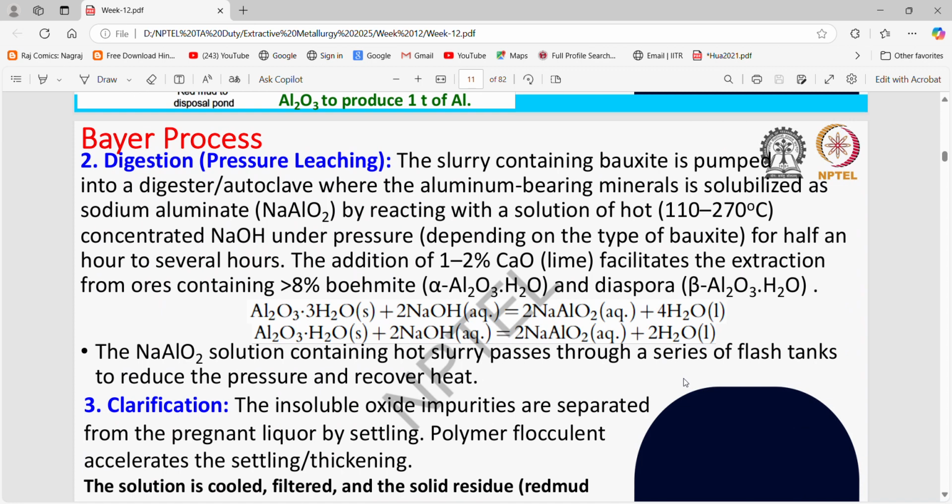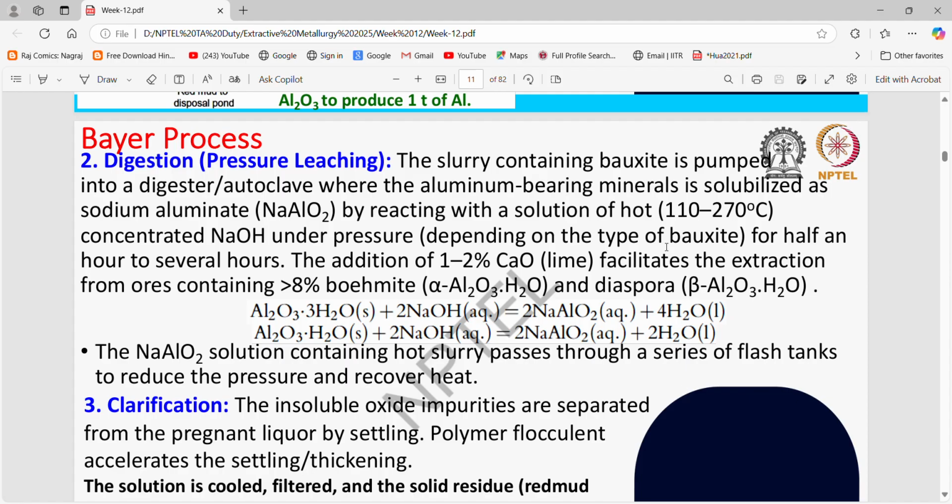The pressure and temperature conditions required during this digestion process depend on the type of bauxite ore, because bauxite ore generally contains several different compounds like boehmite, diaspore, and gibbsite. The digestion process for these compounds varies according to their properties.